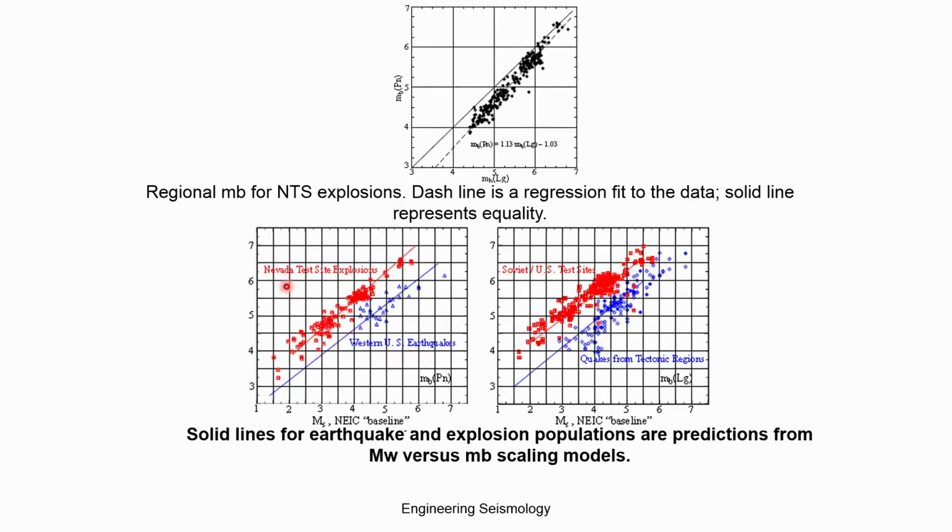This is the Nevada test site explosion. You can see the pattern. Similarly, this is another place. This kind of comparison can also help you determine which is the earthquake and which is the explosion. For this, you should have this kind of testing as well as a large amount of data to identify. This is how you can identify whether data recorded at a particular location is an explosion or an earthquake.